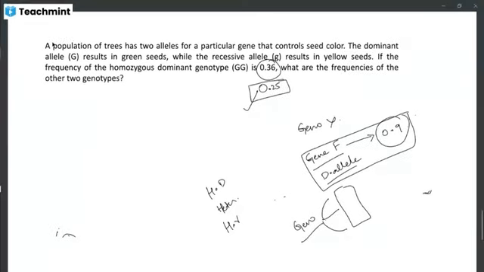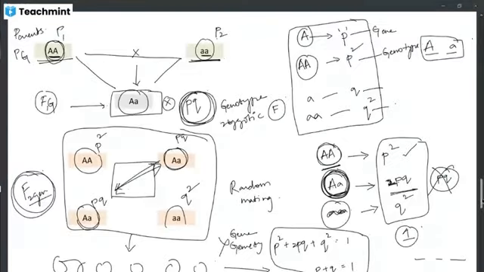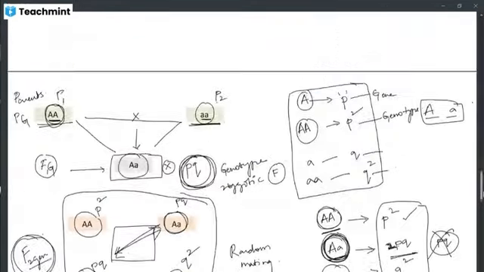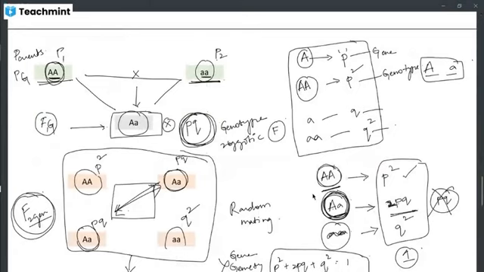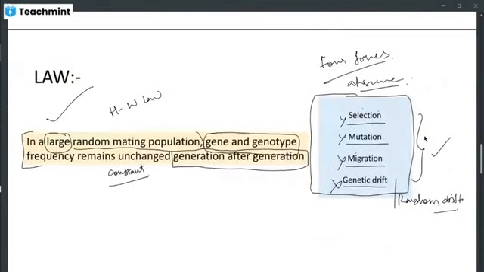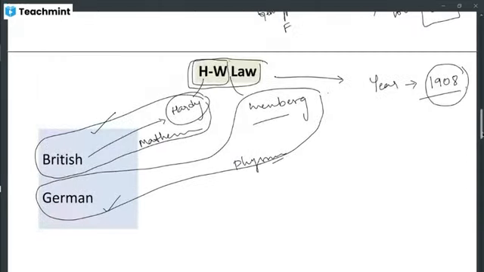So mostly your problem will be only in this range. So please do not miss any question if the problem comes. The only thing that you need to remember in this is that the heterozygous genotypic frequency will be 2pq, and then the four different evolutionary forces. Remember all these four, followed by the name of the scientist and the country, and then the year in which they commonly described this principle.